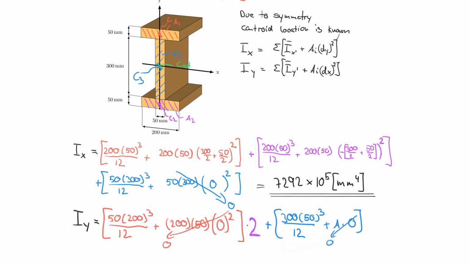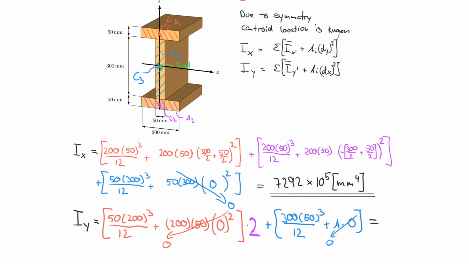And now the final numerical answer for this should be smaller than my Ix, because you can already tell that this has a very strong axis, strong resistance to bending about the x-axis, whereas about the y-axis, the material is not far removed from it. So therefore, it should be a smaller number. And you should see this in many problems that you solve like this.